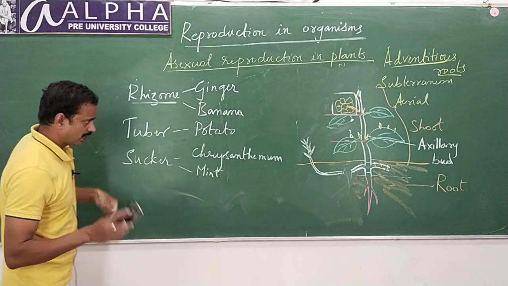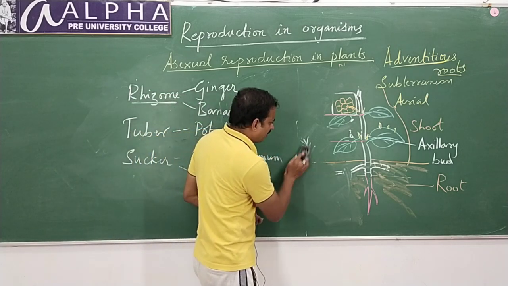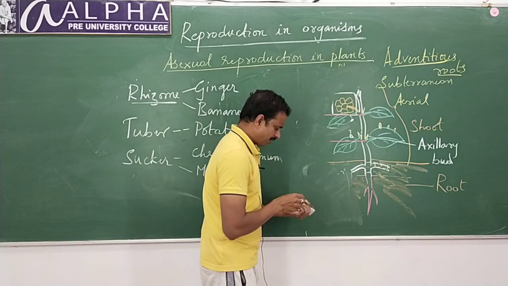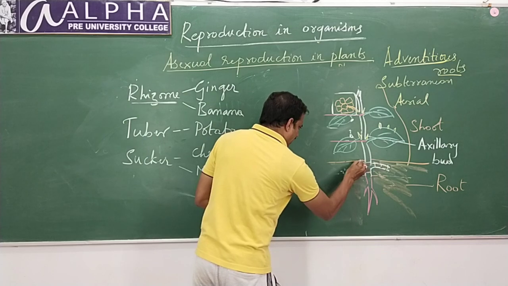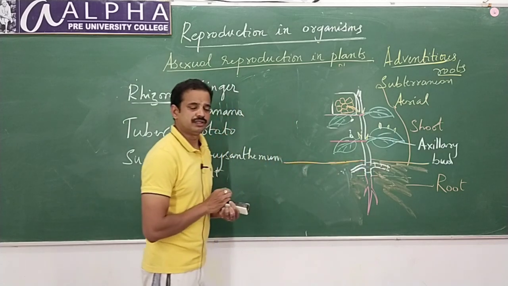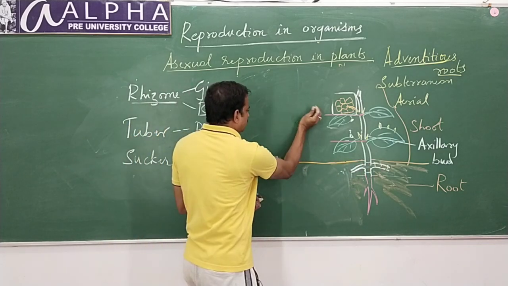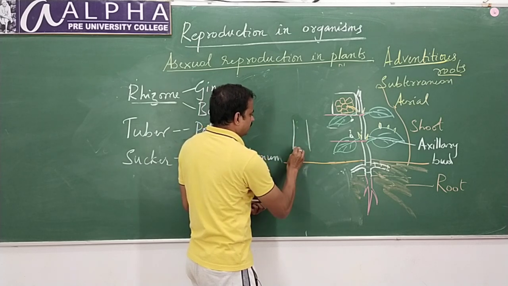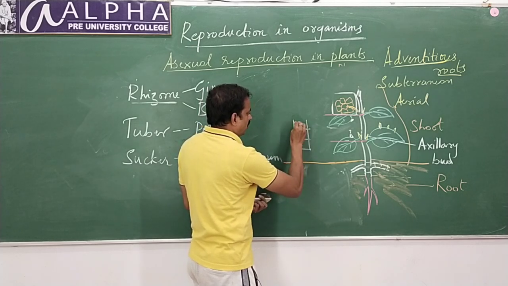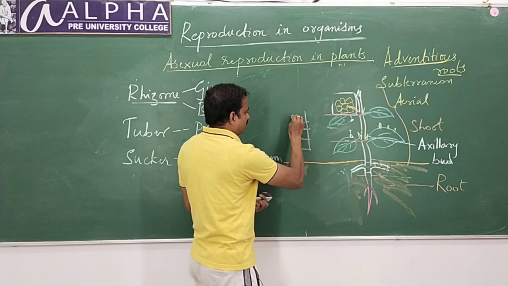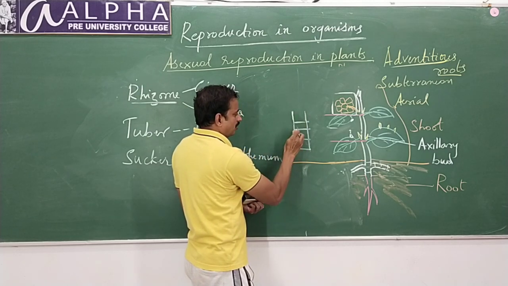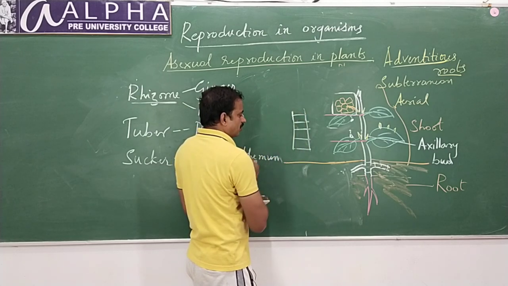Textbook examples are over. So for the next one, I have to draw a different diagram here. This is also an example which is very familiar to you. For this I will consider a stem. This is the stem, and these are the nodal regions, many nodes of a stem. One node, second node, third node, fourth node, like this many nodes are there.